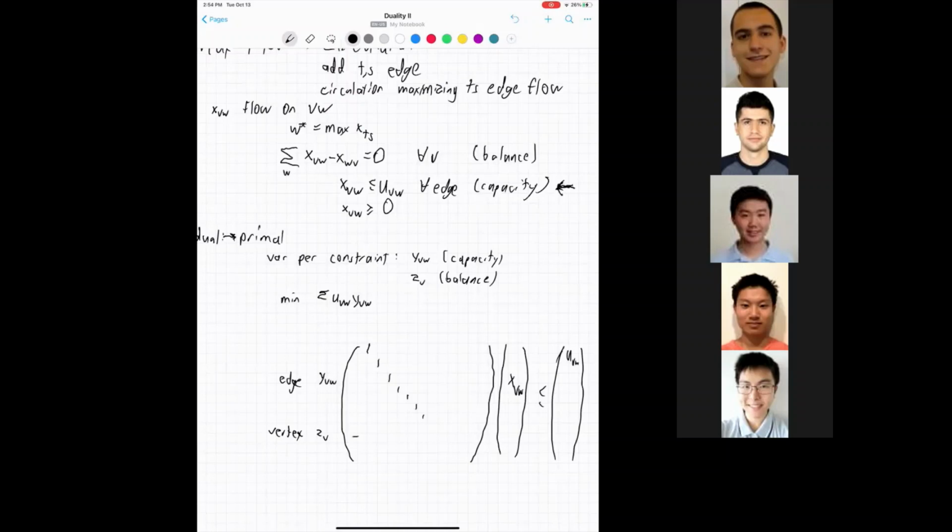So basically, we're going to have a series of +1s and -1s in this row. And it's going to be a +1 when the edge is exiting V, and a -1 when the edge is entering V, right?